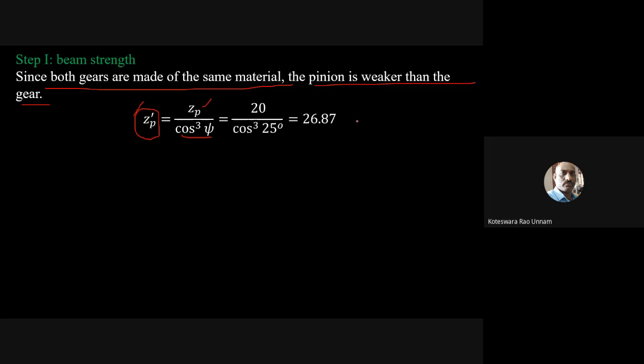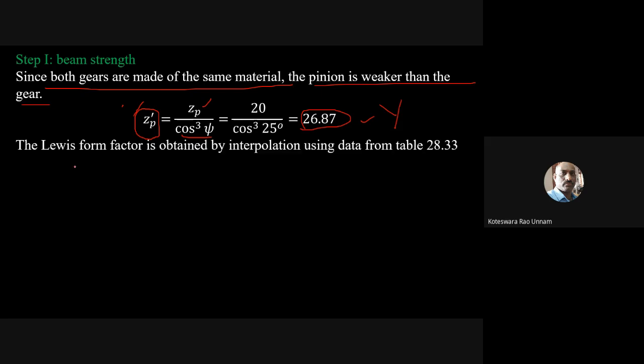That is nothing but your equation 28.H21. From that you will get your virtual number of teeth. Based on this virtual number of teeth, you now need to calculate your Lewis form factor to calculate the beam strength. The Lewis form factor is obtained by interpolation using data from table 28.33.